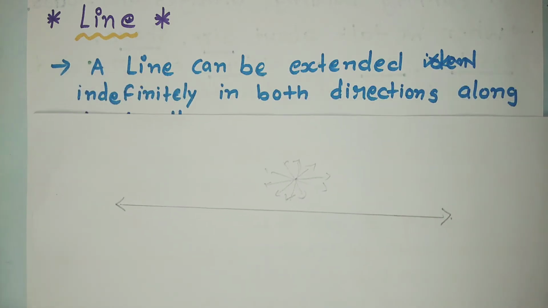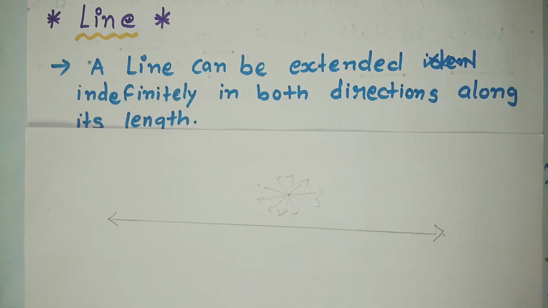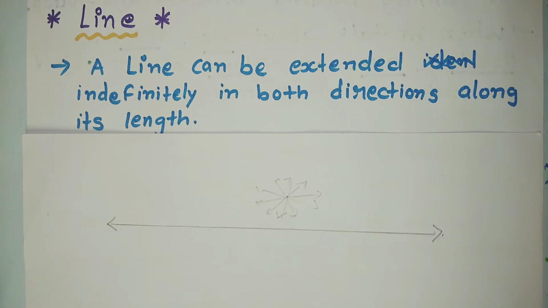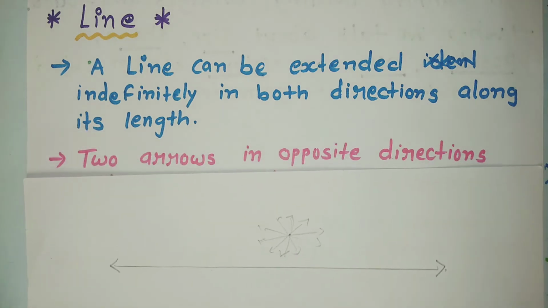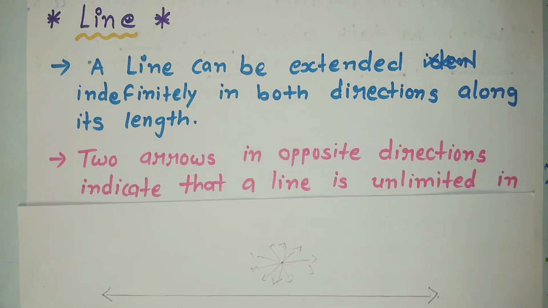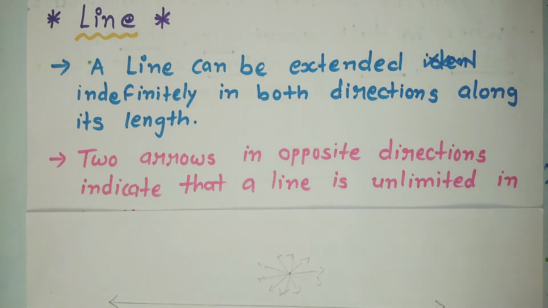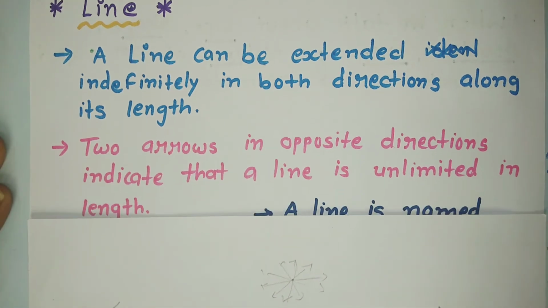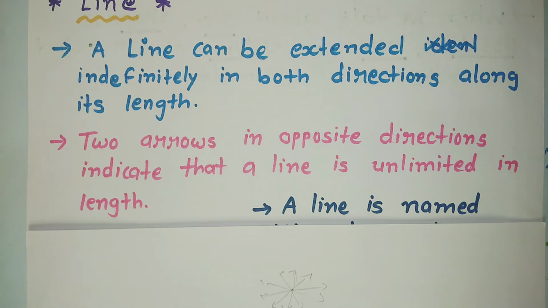A line can be extended indefinitely in both directions along its length. Two arrows in opposite directions indicate that a line is unlimited in length. Whatever I told you earlier is written over here.